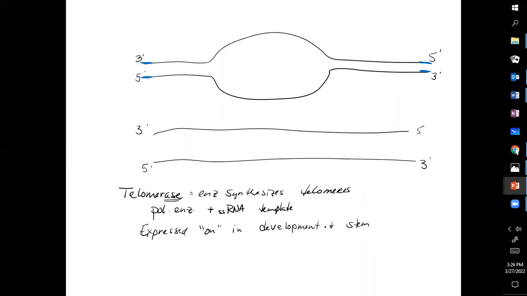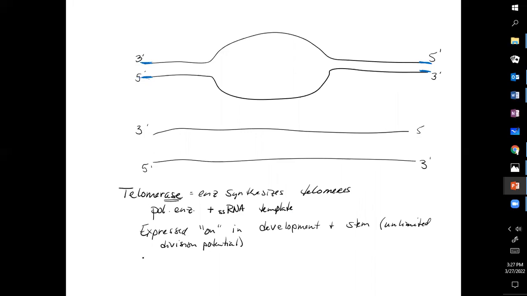Stem cells are undifferentiated or unspecialized cells that have unlimited potential to divide. So that makes sense. Cells that divide hundreds, thousands of times need to have those telomeres continuously refreshed, right? So telomerase is on in those cells.